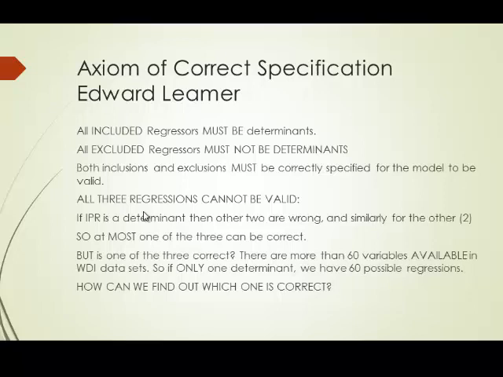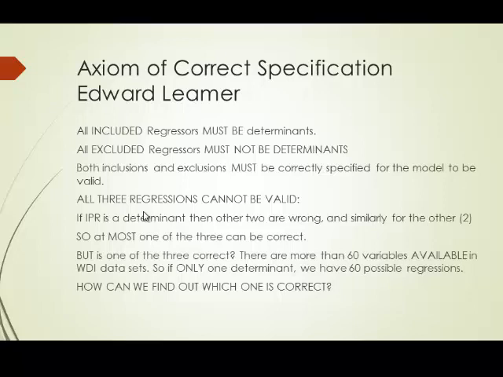One of the assumptions of the regression model is that you have all the right regressors, that all the regressors that you have included are determinants of the dependent variable, and everything that you have excluded is not a determinant. So you have exactly the right set of regressors to begin with. You're not allowed to test.